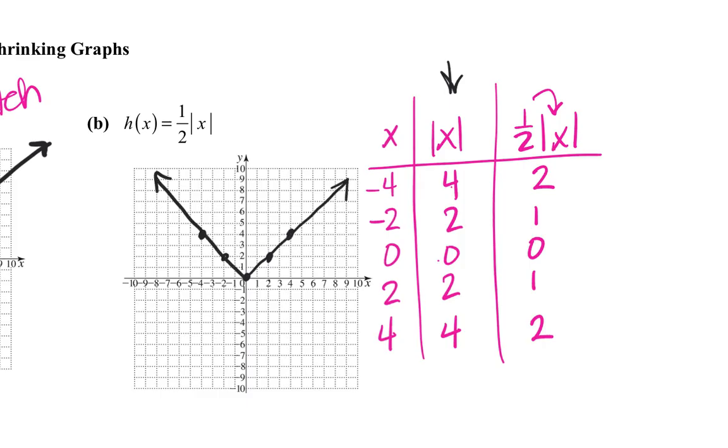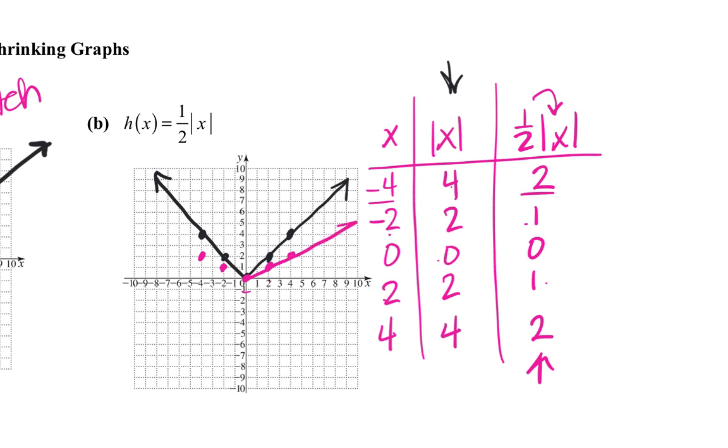All right, next I'm going to plot half of the absolute value of x. So now I've got negative 4, 2, negative 2, 1, 0, 0, 2, 1, and 4, 2.